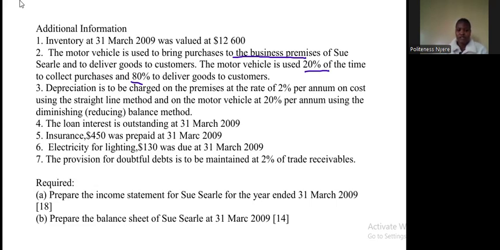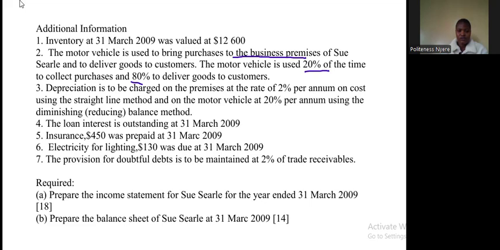Then number three, depreciation is to be charged on the premises at the rate of 2% per annum on cost using the straight line method, and on the motor vehicles at 20% per annum using the reducing balance method. Then number four, the loan interest is outstanding at 31 March 2009. Insurance 450 was prepaid.